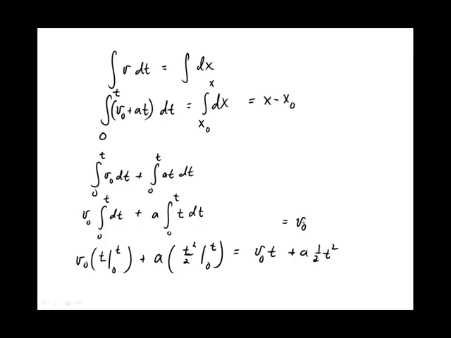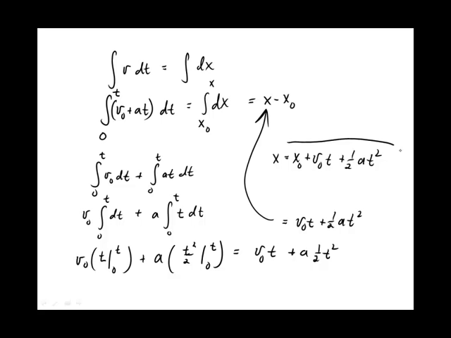So that's v naught t plus 1/2 a t squared equals x minus x naught. Add x naught to both sides, x equals x naught plus v naught t plus 1/2 a t squared. And that's one of your other constant acceleration equations. So that's where the constant acceleration equations come from using calculus.